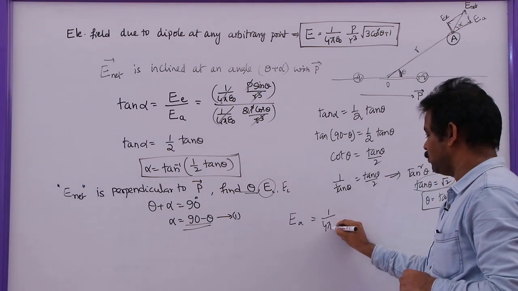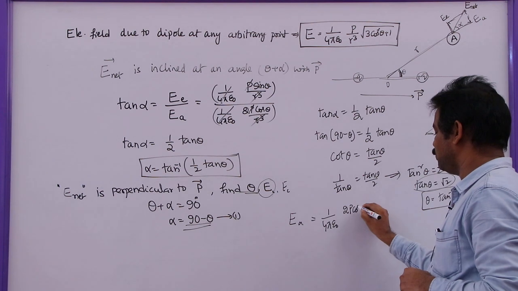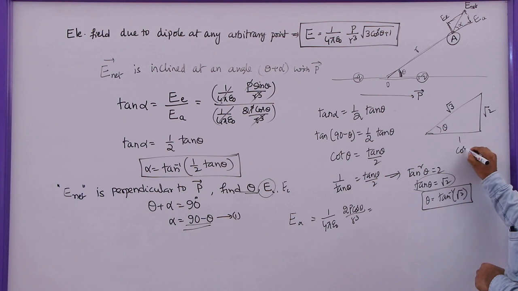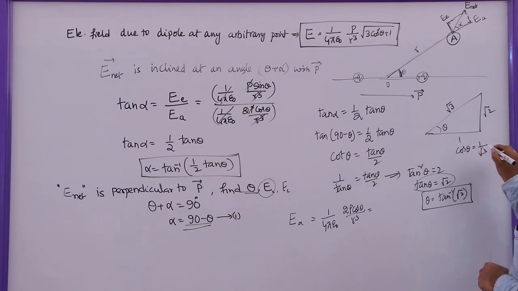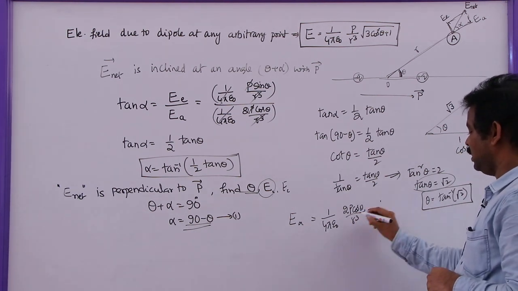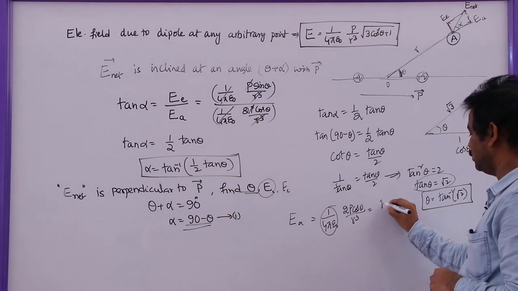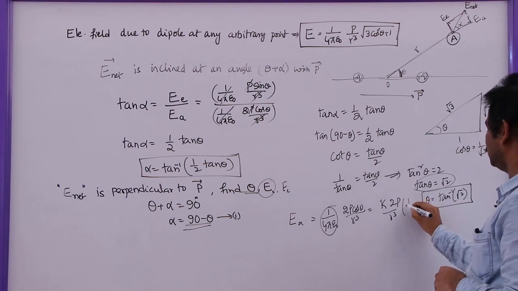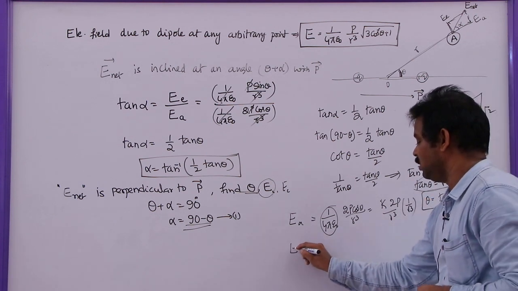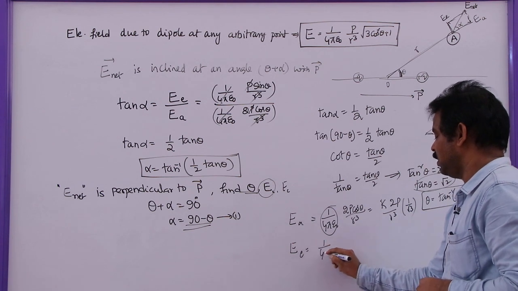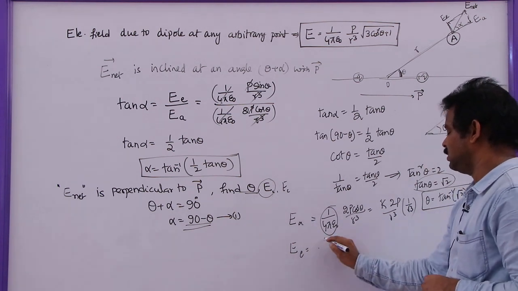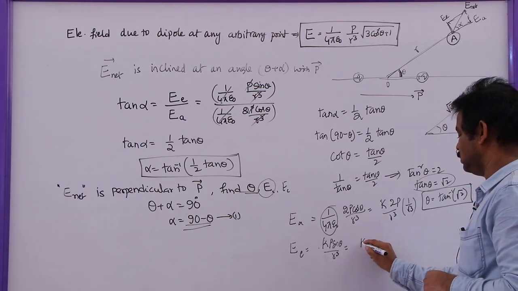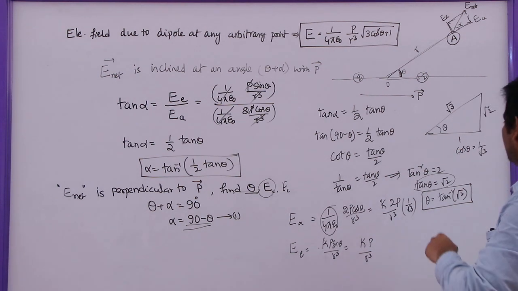This will be 1 by 4 pi epsilon naught, 2p cos theta by r cube. But what is cos theta here? From this we can write cos theta is 1 by root 3. So I will write 1 by 4 pi epsilon naught as k for simplification. K 2p by r cube into cos theta, which is 1 by root 3. Similarly, E equatorial will be 1 by 4 pi epsilon naught, let me write this as k, p sin theta by r cube, which is kp by r cube.